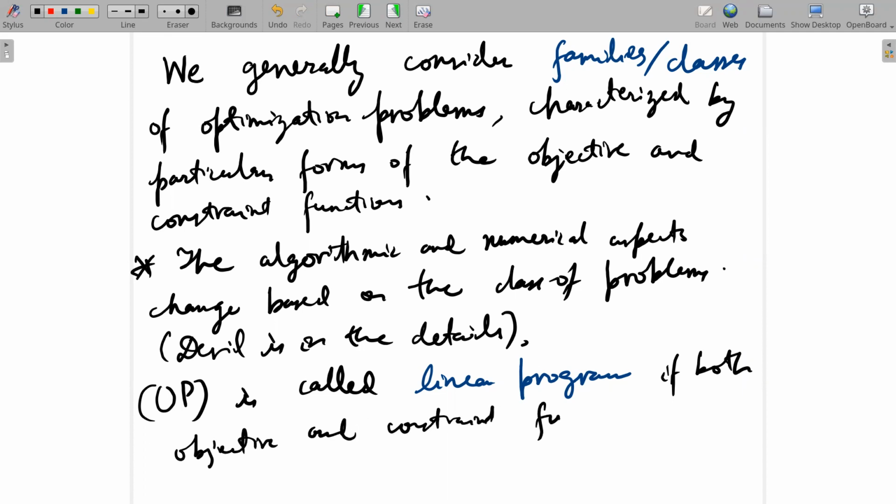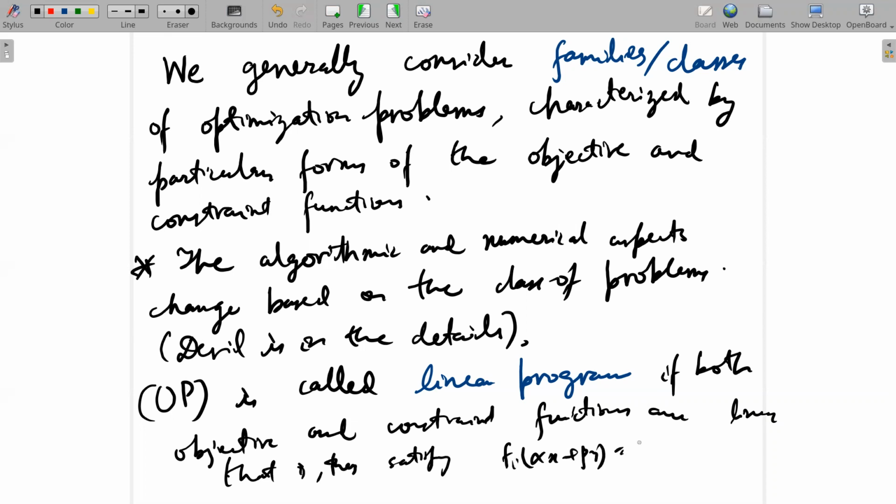And I mean, you know the definition of linear, but I'll just write it out. That is, they satisfy fi of alpha x plus beta y is equal to alpha times fi of x plus beta times fi of y for all x, y in the decision space. For all x, y in Rn, let's say.